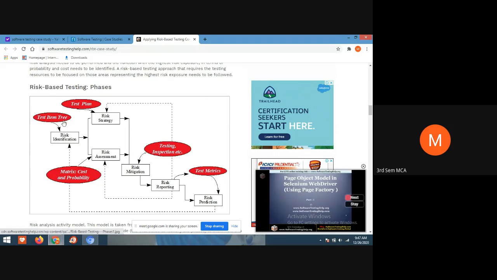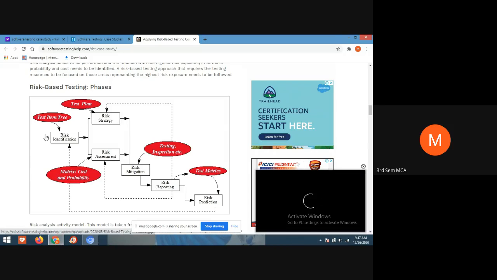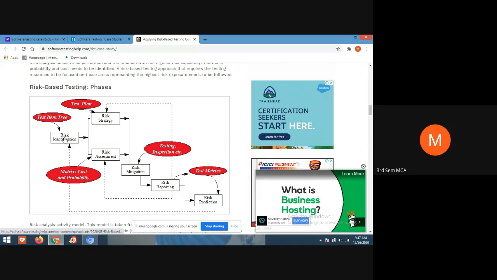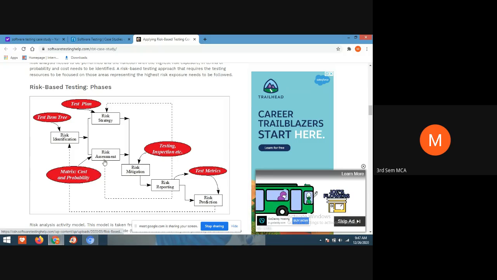Here we have a small diagram representing risk phases. You can see the first phase, risk identification. Here we identify the risk. This is again split into two parts, risk strategy and risk assessment.